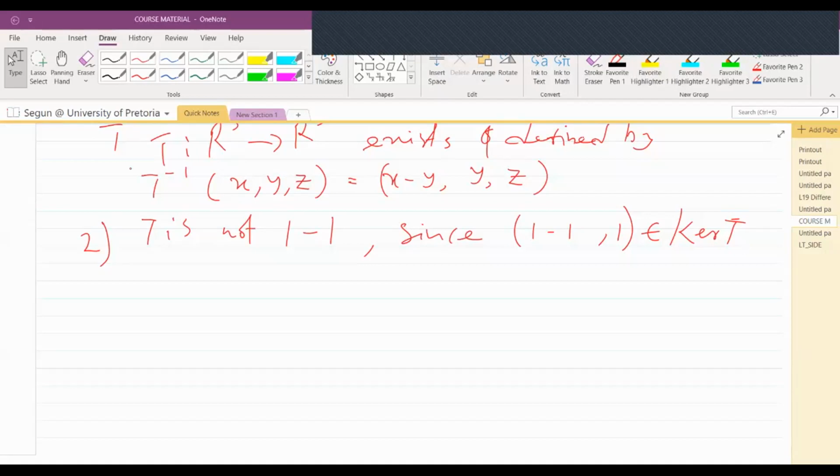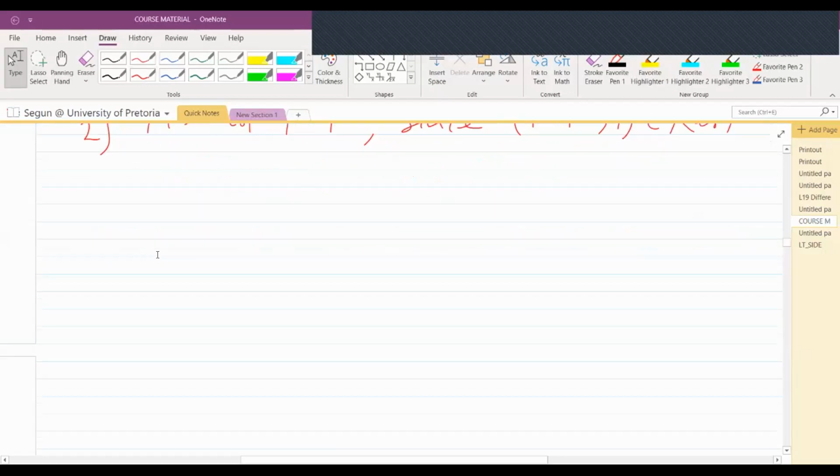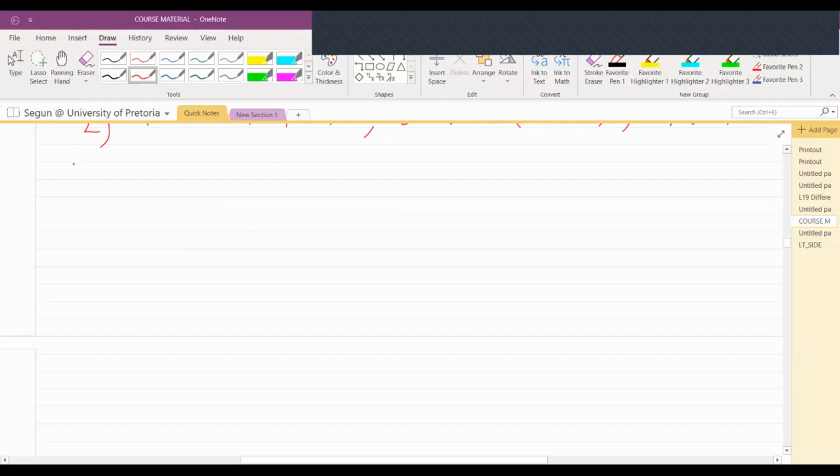Now, let's look at another example. As I said, this course is not as hard as you think. All you need to do is make sure you know the definition well.